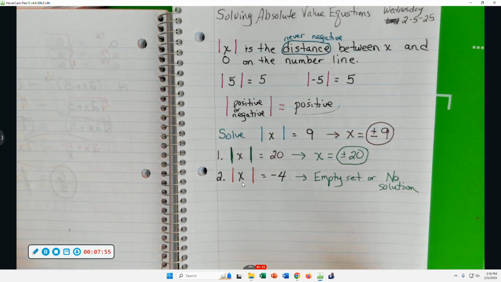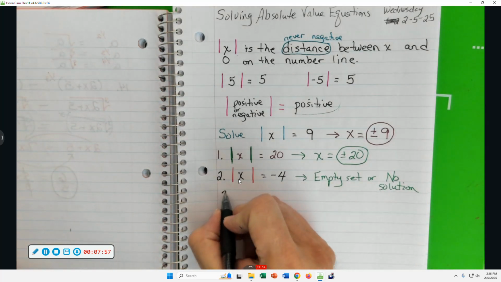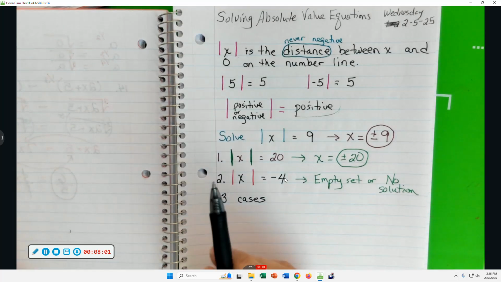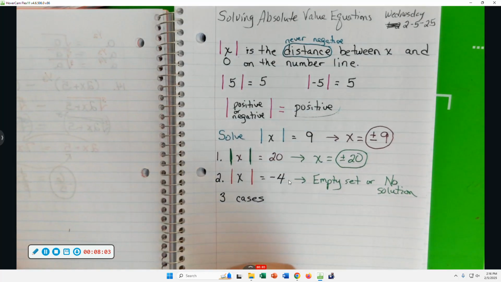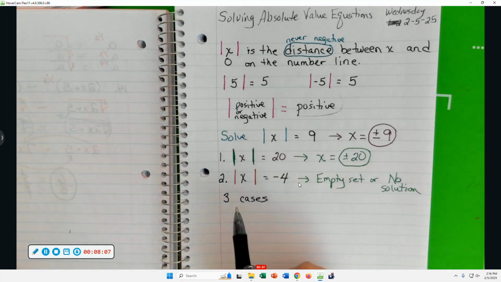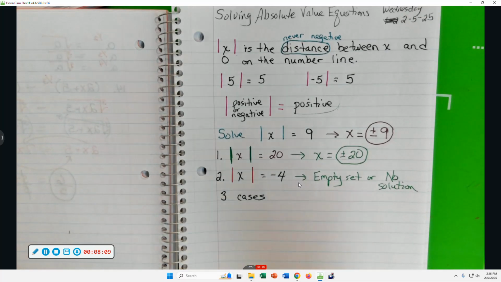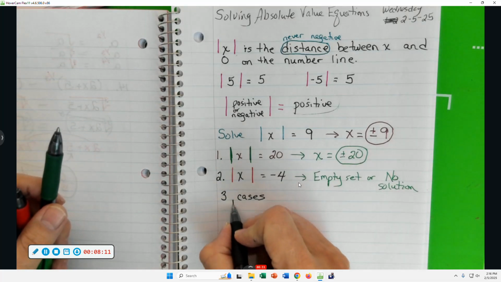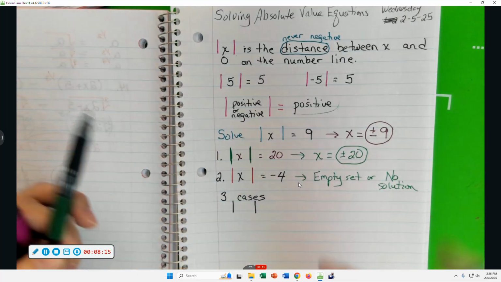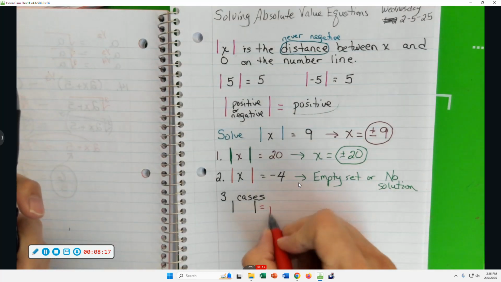You need to make sure that your absolute value expression is isolated before you decide no solution. Now, there are 3 general cases for absolute value equations. The first type has absolute value equal a positive number.